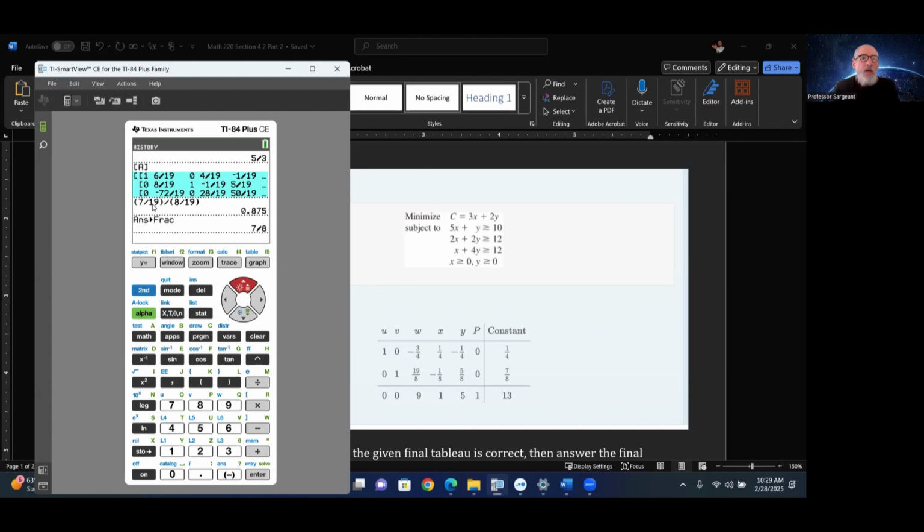We want to turn that 8/19 from column 2. Column 2 is our pivot column. We want to turn that 8/19 into a 1 to begin with. I'm multiplying by its reciprocal.